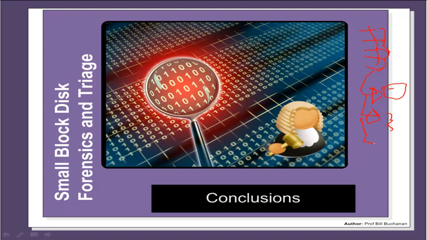From there we looked at the basic probability of being able to find content purely by sampling a disk, and then on to looking at byte block hash signatures to be able to detect the presence of contraband material.